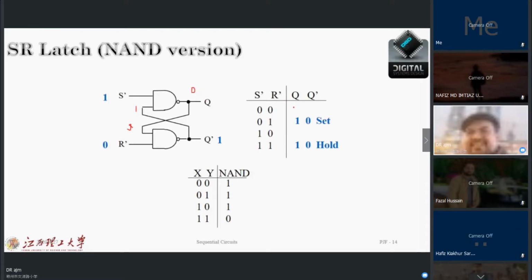For 1 and 0, it should be 0 and 1 here. Yes, let us see. Yes, it's 0 and 1, which we call reset. Why do we call it reset? Because if we compare it to the set one, it's exactly the complement of the output of set mode. Then we call it reset.